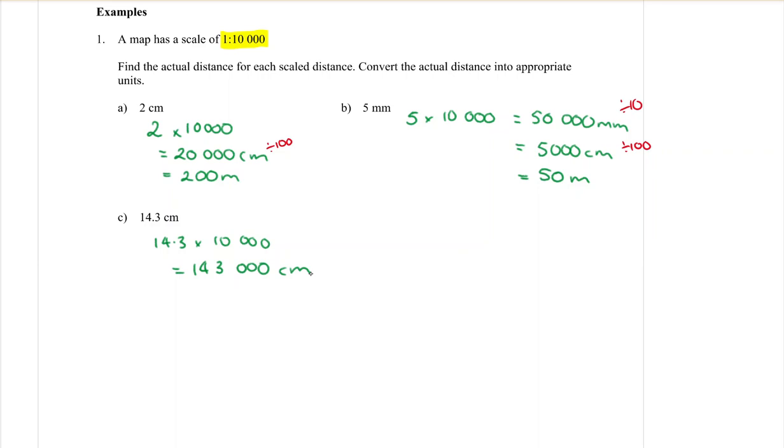Very, very big number, so we're going to change it into something more realistic. The next unit to change into will be meters, and to do that I divide by 100. Dividing by 100 will take off 2 zeros, which will make 1,430 meters. That's a little bit better.